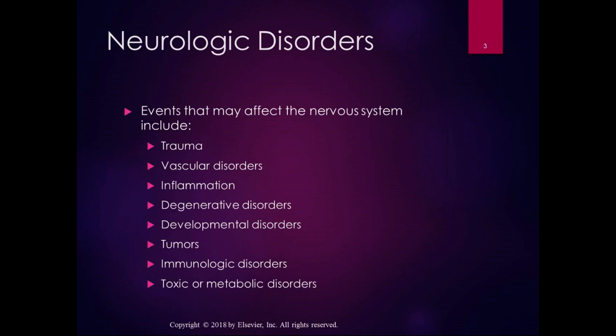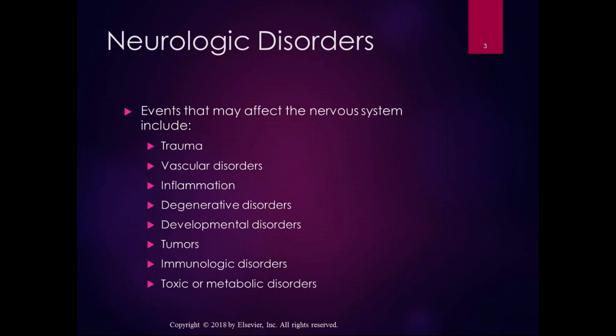Vascular disorders, anything that interrupts the blood supply to the brain or central nervous system, can cause neurologic problems. Inflammation: there are chronic or acute inflammatory neurologic disorders such as Guillain-Barré syndrome, which we'll talk about more in one of the later chapters. Inflammatory conditions can definitely affect the nervous system.